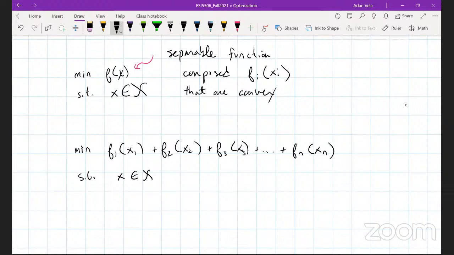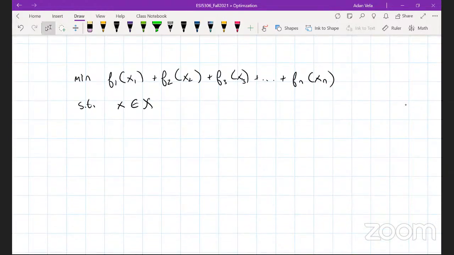Now, the idea that we're going to take is that we can approximate each of these fi functions in terms of their variable using a set of linear equations.